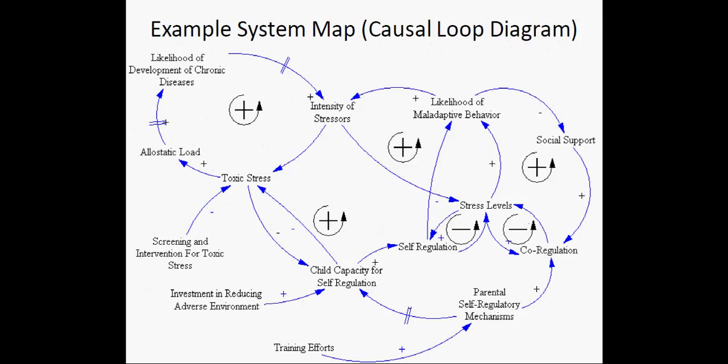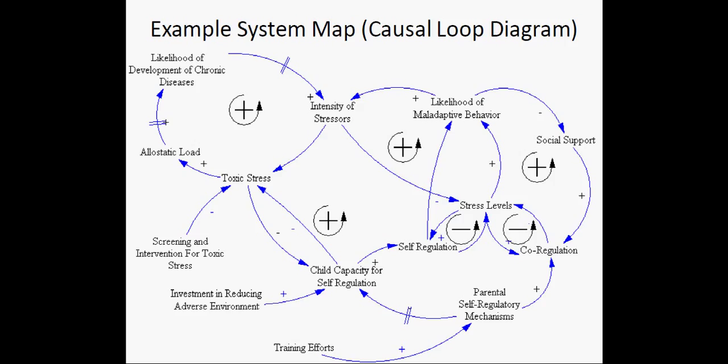So in this case, toxic stress is posited to have an impact on allostatic load causally. And there's a polarity associated with that impact. You can see this plus. And what that plus means is all other things being equal, if toxic stress rises, allostatic load will tend to rise compared to the value it otherwise would have had. In other words, raising toxic stress will tend to raise allostatic load compared to what it otherwise would have been.